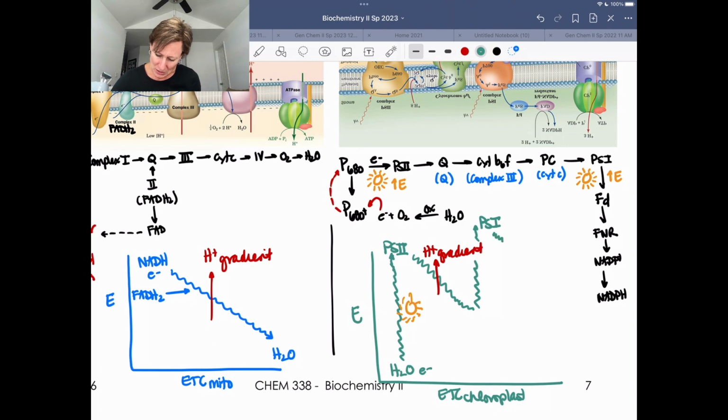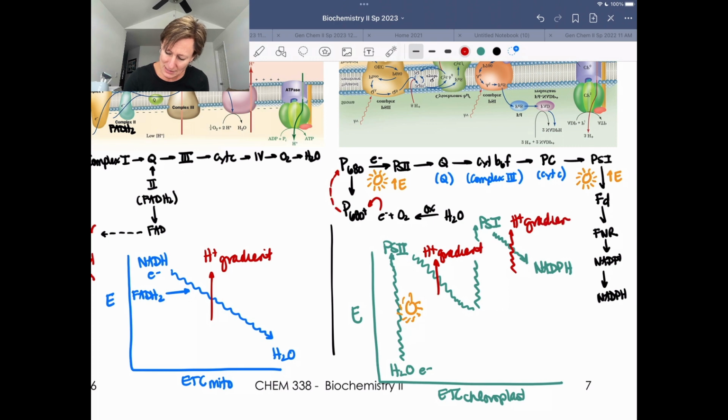Okay, but ultimately we're going to kind of come down in energy again, and we're going to generate our NADPH, which is a high energy molecule, just like NADH is high energy.